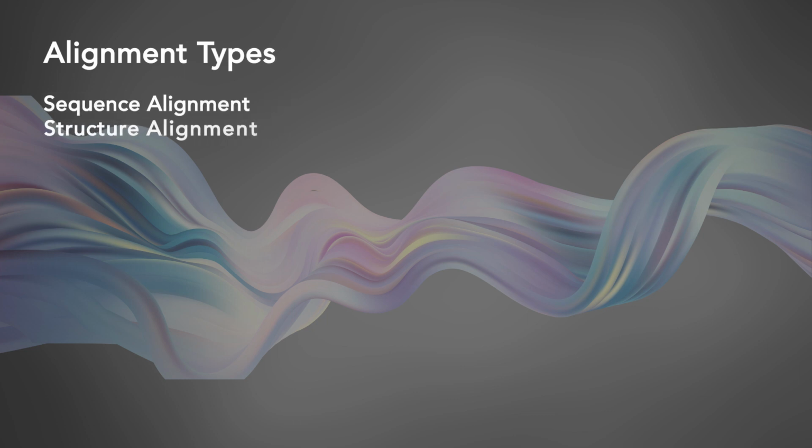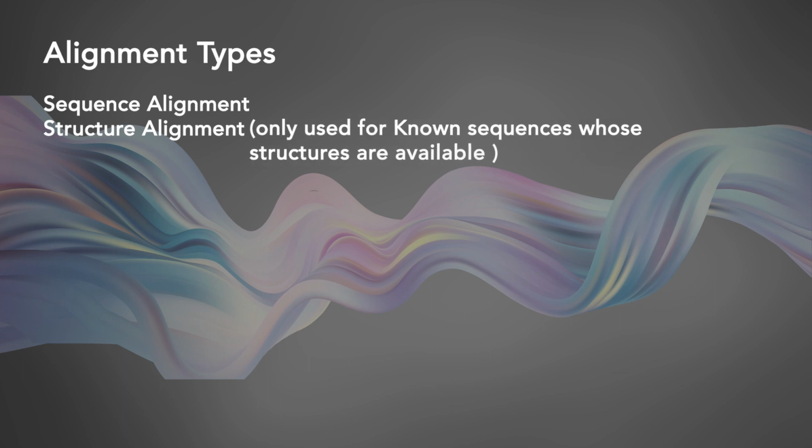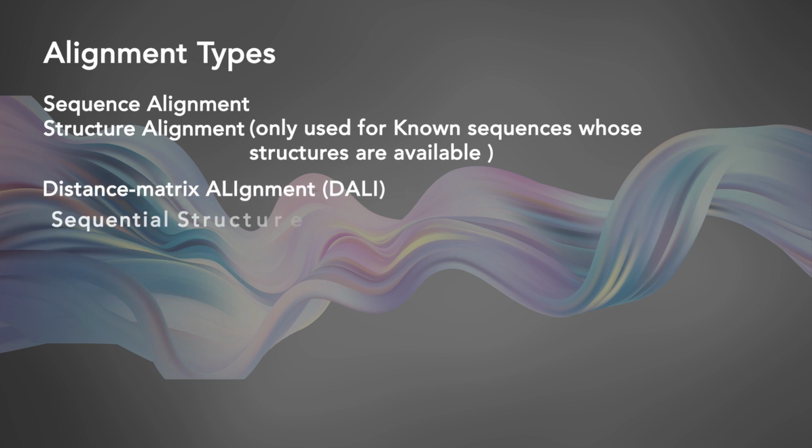So, what are the alignment types? The alignment types can be categorized into sequence alignment and structure alignment. Structure alignment is only used for known sequences whose structures are available. They use methods such as distance matrix alignment, DALI, and sequential structure alignment program, SSAP. This can be further classified.